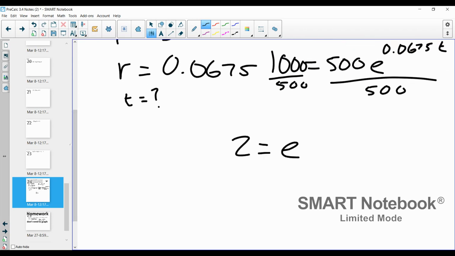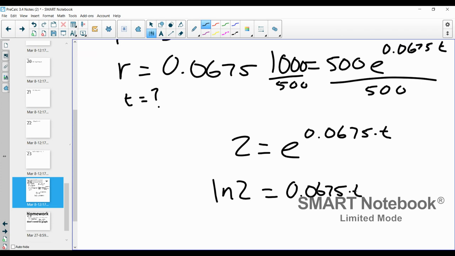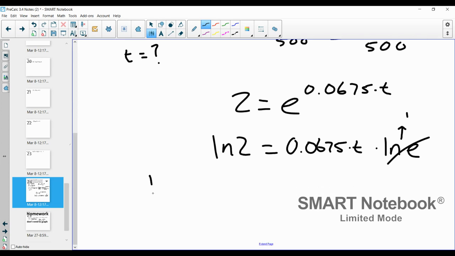And what I get then is 2 equals e raised to the 0.0675 times t. I can take the ln of both sides. And by taking the ln of both sides, I can bring this exponent down. So this is 0.0675 times t times the ln of e. The ln of e is equal to 1, so that goes away. And then what I have is the ln of 2 equals 0.0675 times t.